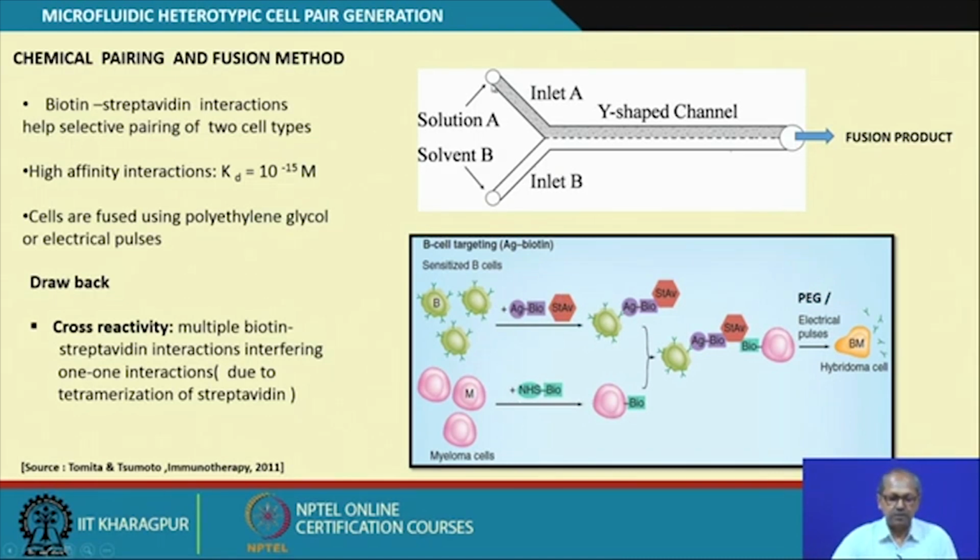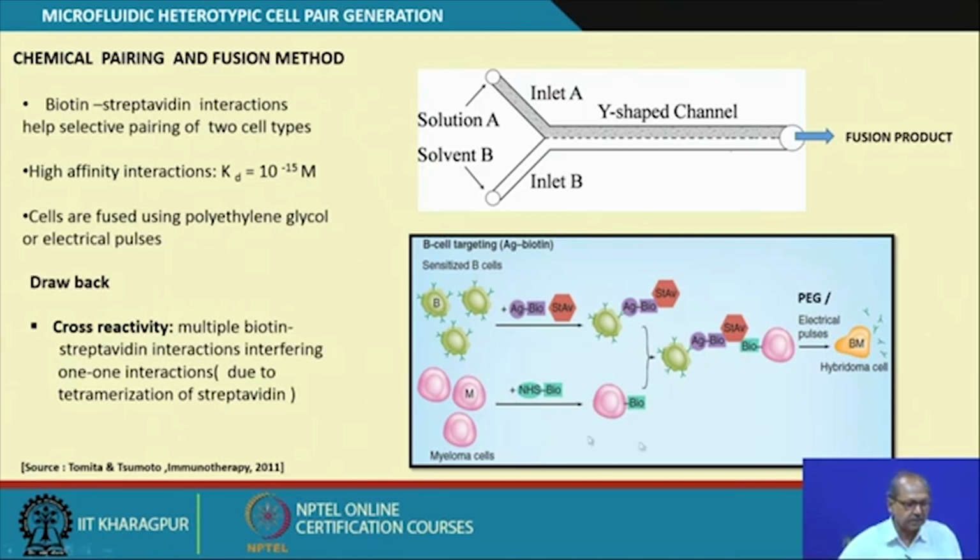With the help of Y channels in the fluidic platform, in one channel we give myeloma cells and in the other channel we give labeled B cells, and let them flow in the Y channel. At a certain distance they come together, and with the micromixer they mix, and fusion is done using either the electrical method or PEG, polyethylene glycol.